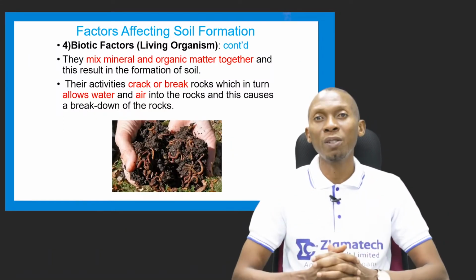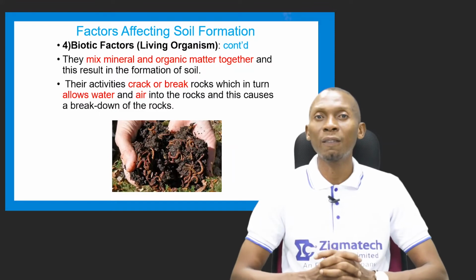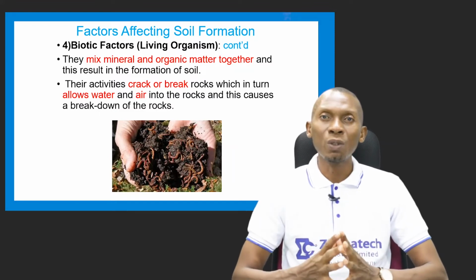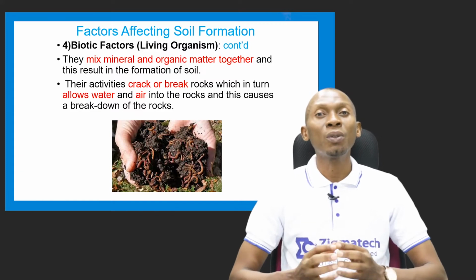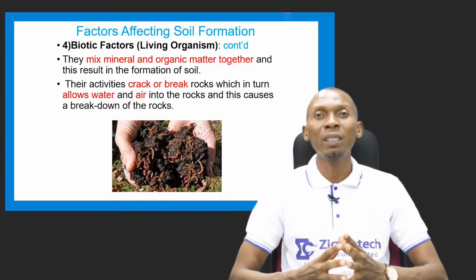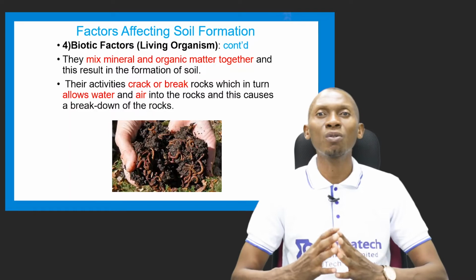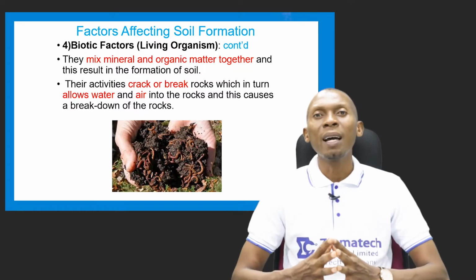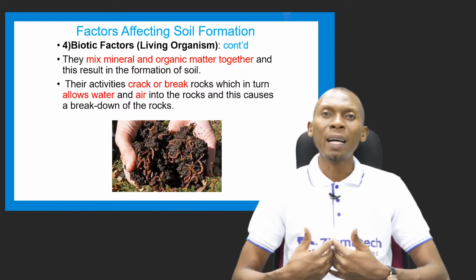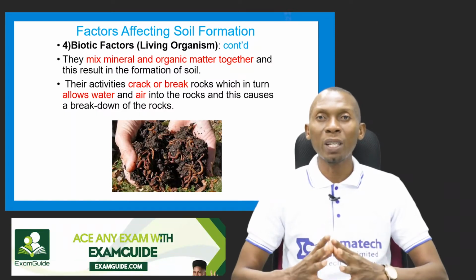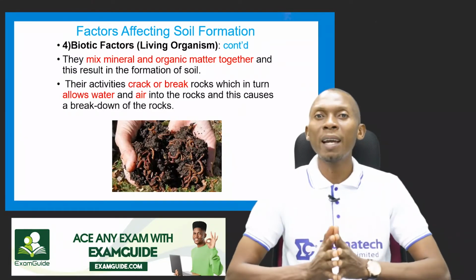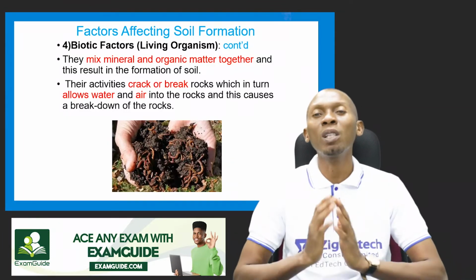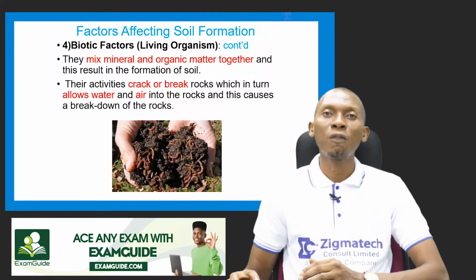They help to mix minerals and organic matter together, and this results in the formation of soil. Their burrowing activities can also cause the rocks to crack and break, and as a result, it allows water and air into the rocks, which will eventually break down these rocks to form soil.